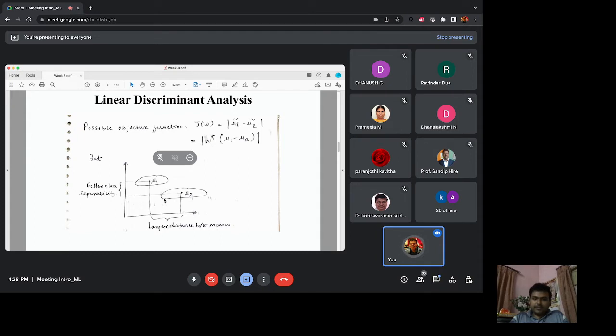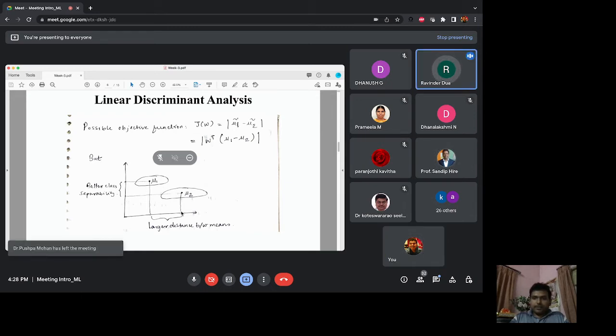Can you see that? Let's say the points of class 1 are distributed according to an ellipse with the center mu1, and the points belonging to class 2 are distributed according to an ellipse with center mu2. When I am projecting them on the x axis, there will be an overlap between the two classes. Can everybody see that, or any doubts?